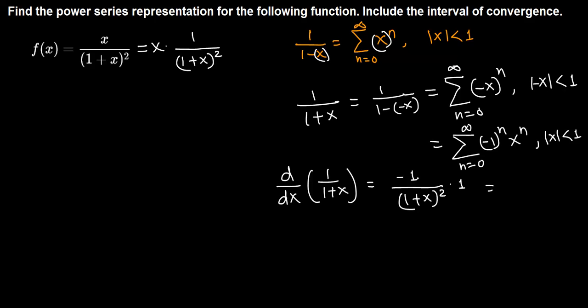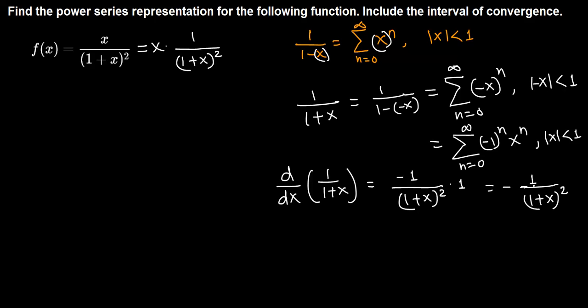At the end it will be negative 1 over (1 plus x) quantity squared.